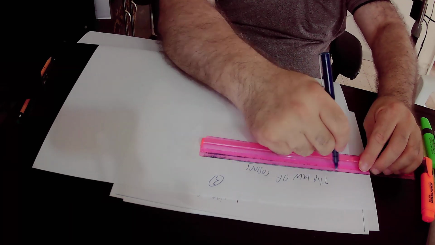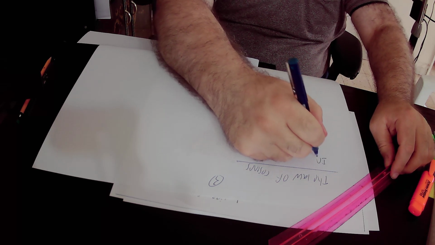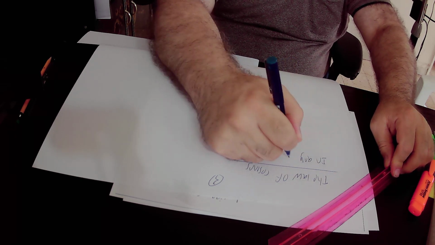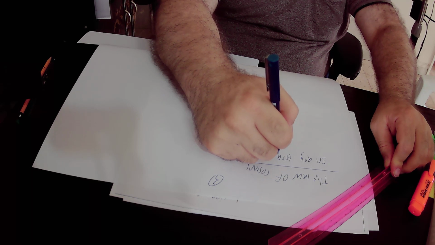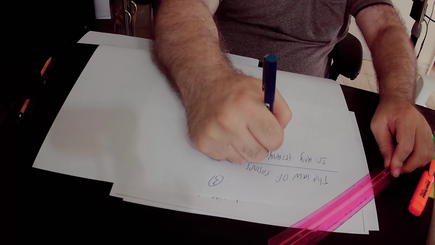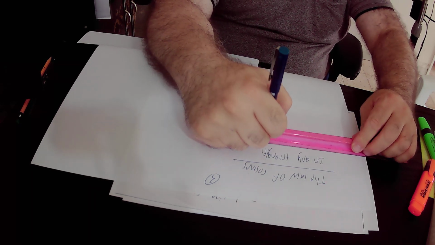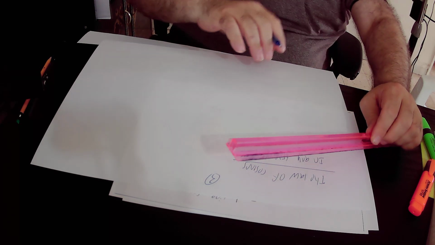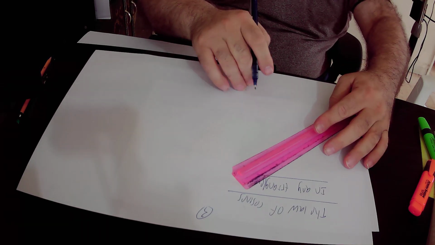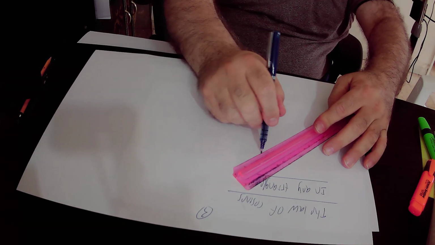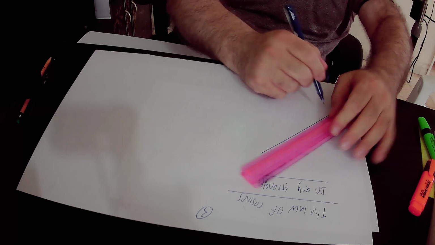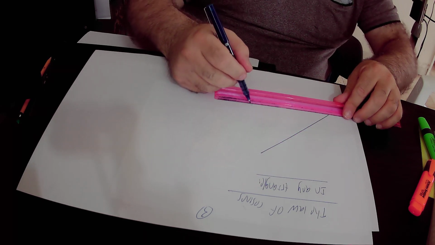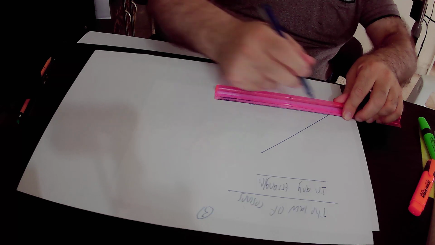So we can write down that in any triangle, this triangle ABC could be any triangle.